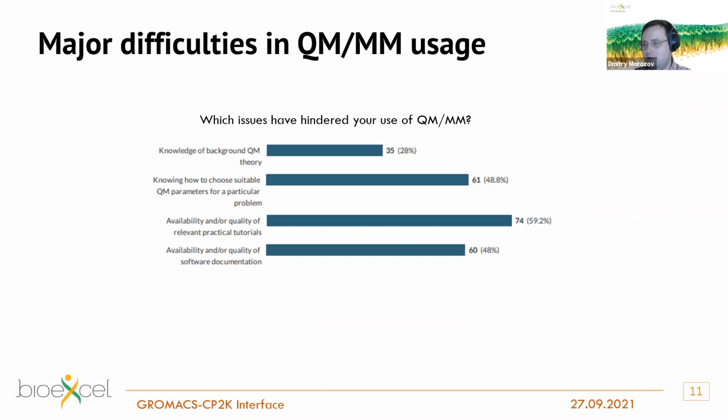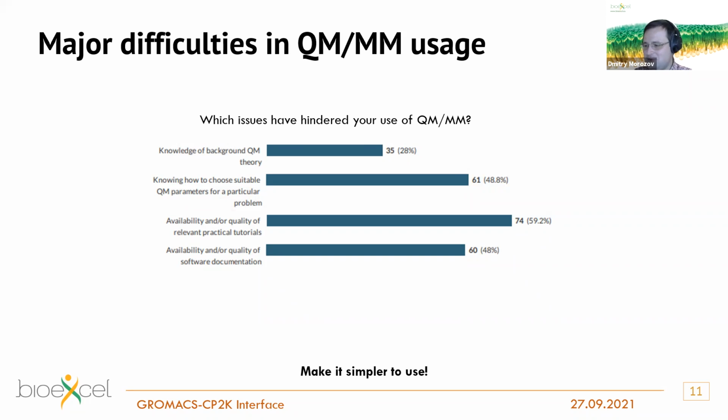They don't know how to choose suitable parameters that will be good for their system. They don't know how to get good quality results, or how to check whether the results make sense or not, and so on. Finally, they mainly just want good and relevant practical tutorials, which we are also working on in PyExcel.